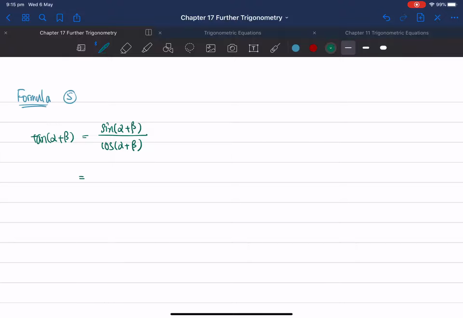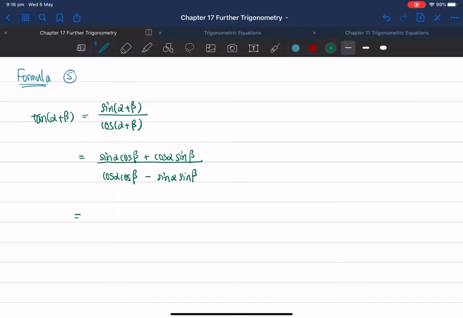All right, so now if we just use the previous formulas we did, let's expand both numerator and denominator. We're going to get sine alpha cos beta plus cos alpha sine beta. I hope you realize the pattern. Sine, cos, cos, sine. Next, cos alpha cos beta minus sine alpha sine beta. All right.